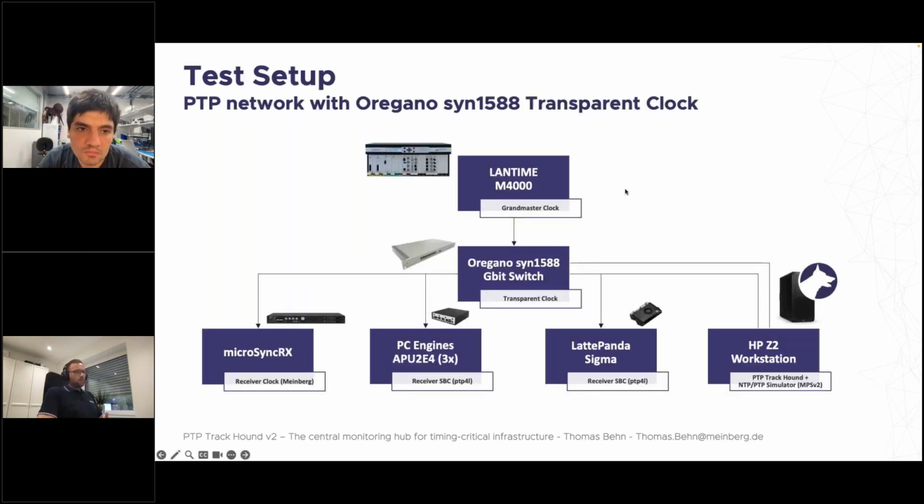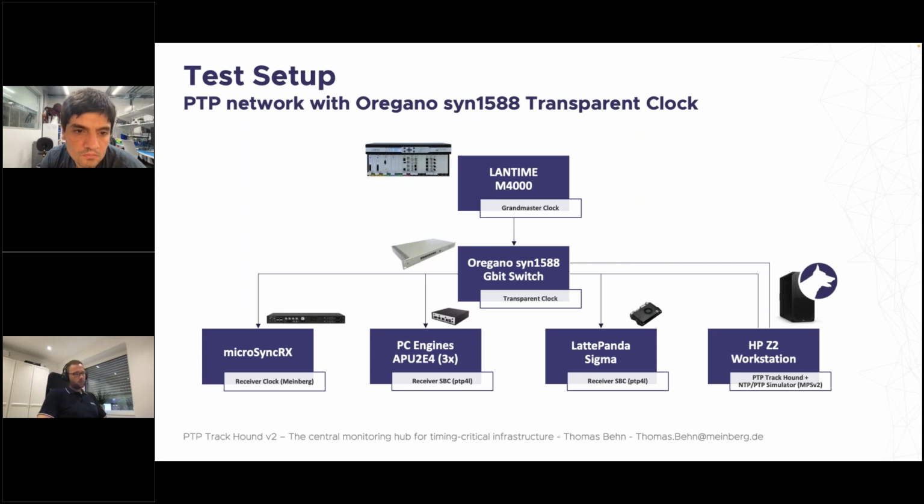Okay, that's all for the theory part of my talk. I have prepared a little test network. We have a LANtime M4000 running as a grandmaster clock. Then we have an Oregano transparent clock and a couple of receiver clocks. One Meinberg microsync running as a time receiver. Then 3 PC Engines single board computers running PTP-4L.